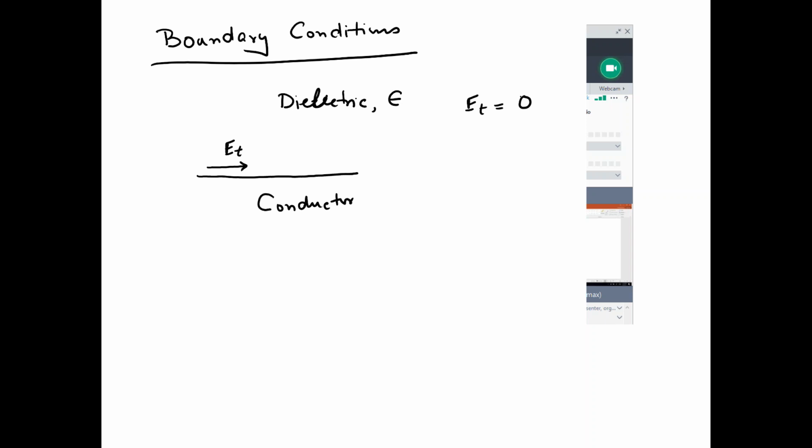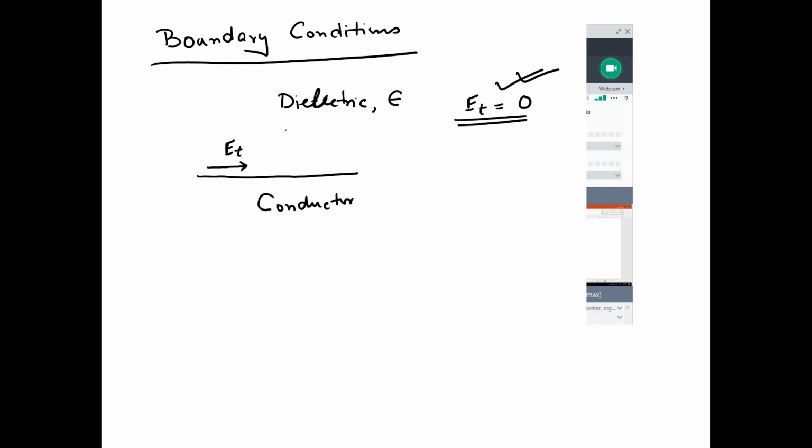Otherwise, the charges on the conductor would readjust themselves till they create an induced electric field in the opposite direction and make that go to zero. So this has to be always and always true. There cannot be any tangential component of the electric field on the conducting surface.